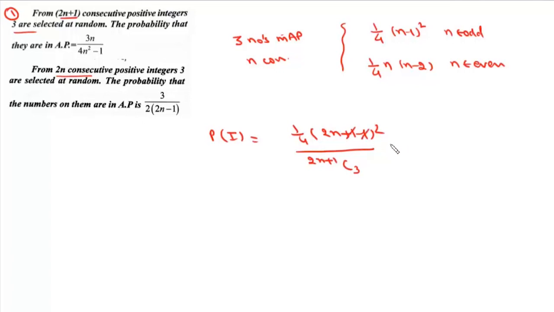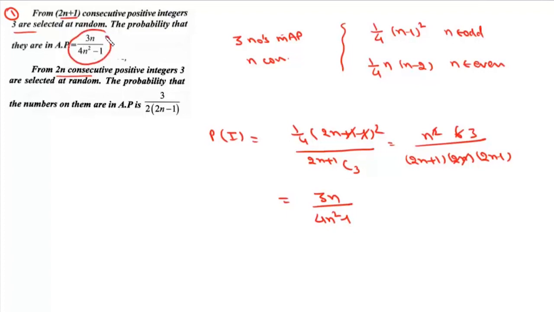Now this 3 and 3 will cancel, so we'll get n square upon (2n plus 1)(2n)(2n minus 1) by 6. Now n and n will cancel, now this is 3, so this value will be 3n upon 4n square minus 1, which is our first result.